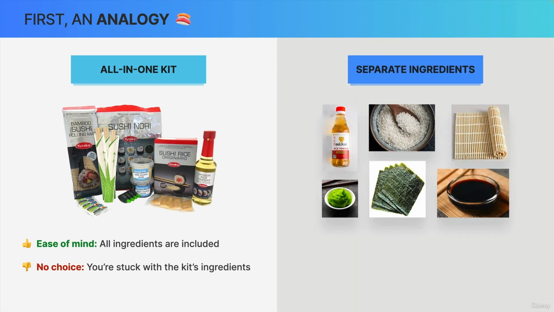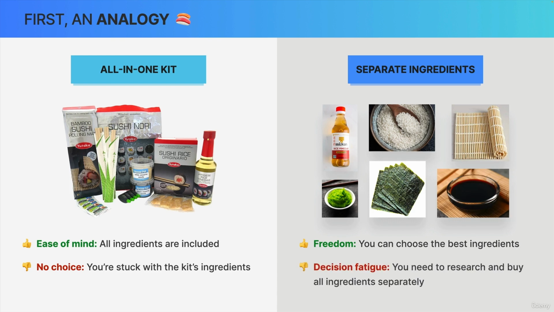And so this will give you complete freedom to choose only the best ingredients and the ones that you like the most. On the other hand, all this freedom can give you decision fatigue, because now for each ingredient you need to research which brand is the best option, and then you also have to go buy each of the products separately.